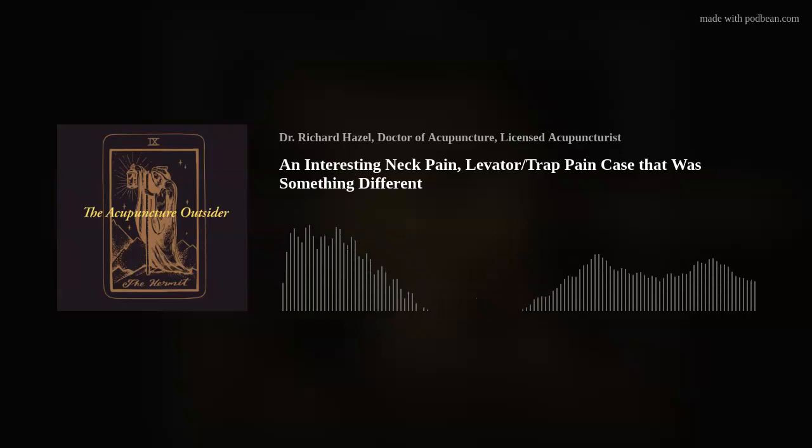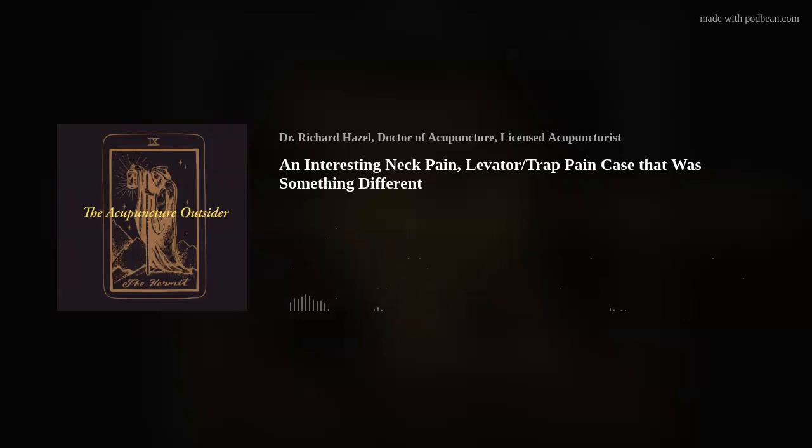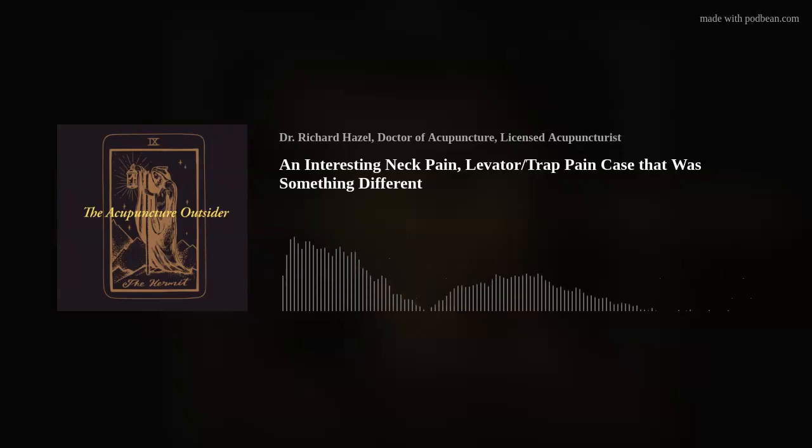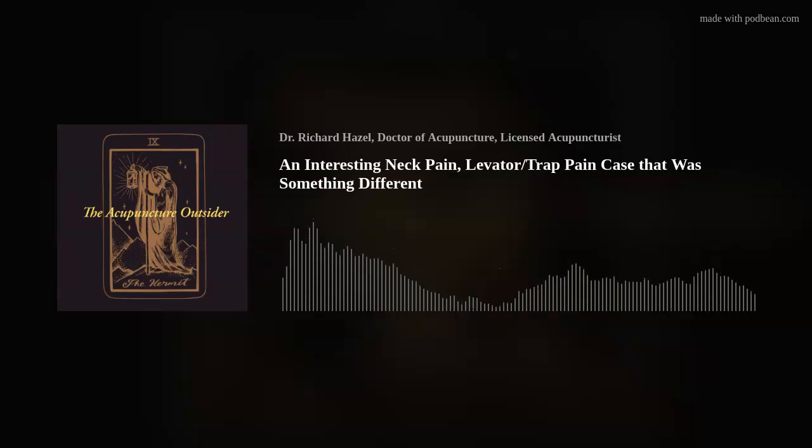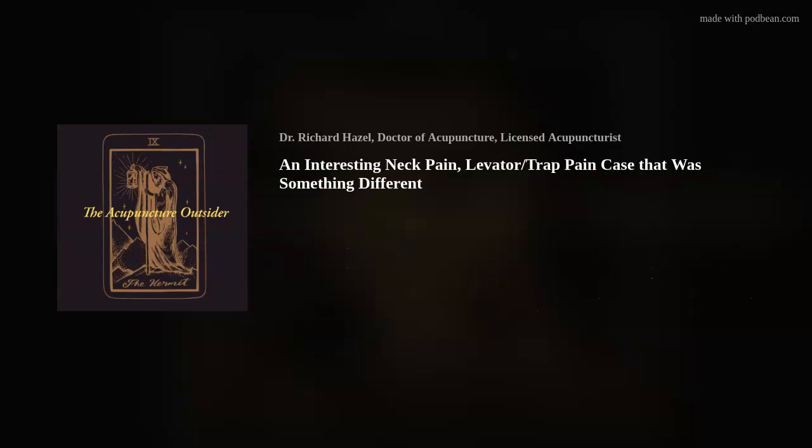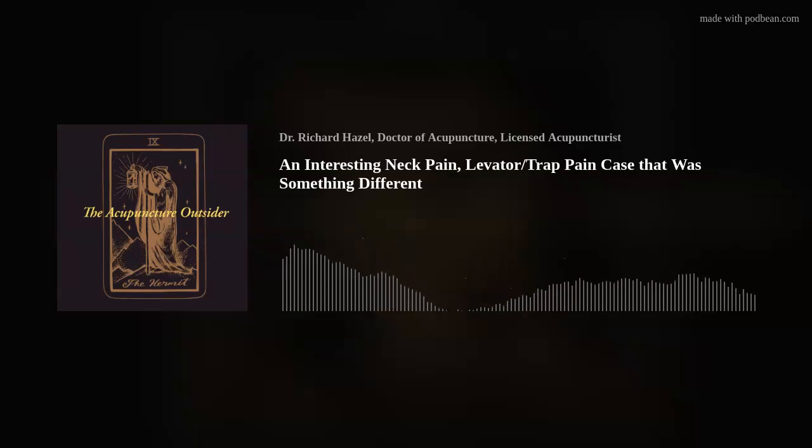And the upper trap is a tonic muscle that is prone to getting tight. And it's always packed with trigger points. So it's a really common issue that we see. And then remember that the traps also are extensors of the neck because they attach on the back of the skull.